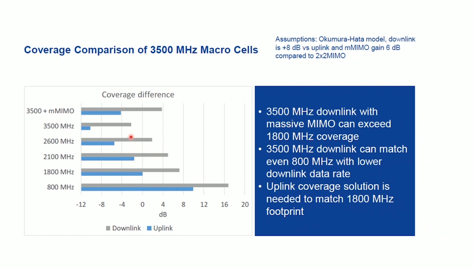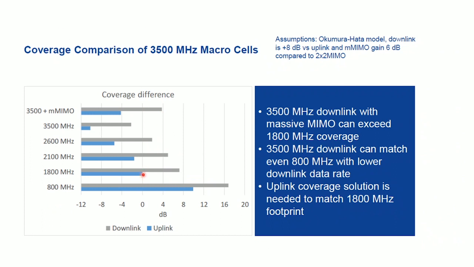And here we can see the coverage situation on different frequencies in 5G, and we can see all of them sacrifice the uplink. We have a much weaker uplink than downlink. And looking at 3.5, we can see that even the 1800 uplink is weaker than the 3.5 downlink.